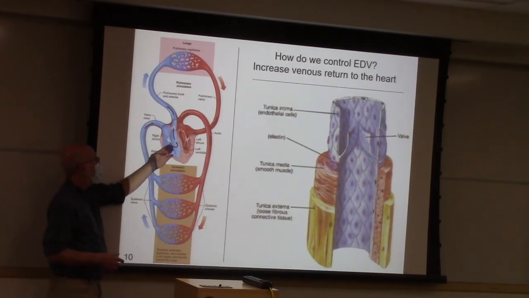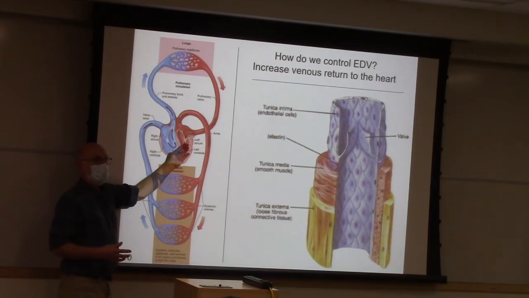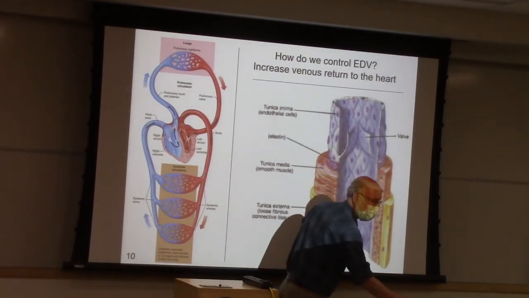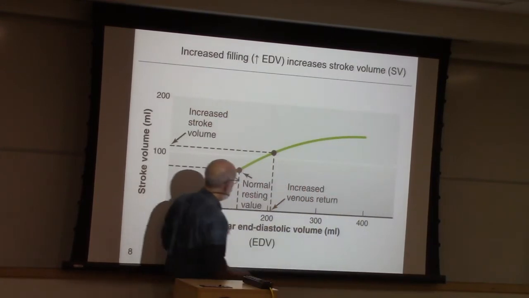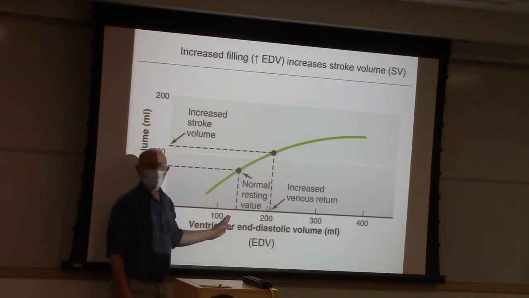Okay, so increasing end diastolic volume in the right heart, increasing end diastolic volume in the left heart, and now we have generated the reason why the end diastolic volume can increase. And of course, if we relax the vascular smooth muscle of the systemic veins, we can reverse it.